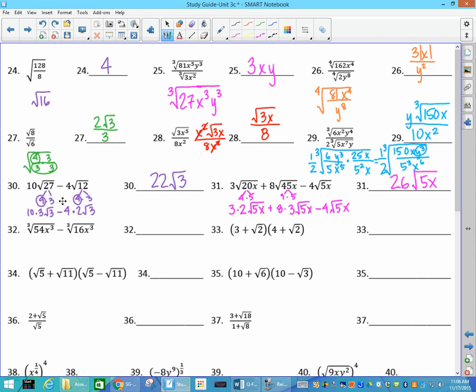Okay, cube roots. Again, my radicands don't look exactly the same, so I'm going to simplify them, but I'm looking for perfect cubes. So this time it's 27 times 2. Ooh, I can take that out too. So this is a perfect cube, and that's a perfect cube. So that's 3x times the cube root of 2. Let's hope the same thing happens over here. That's 8 and 2.